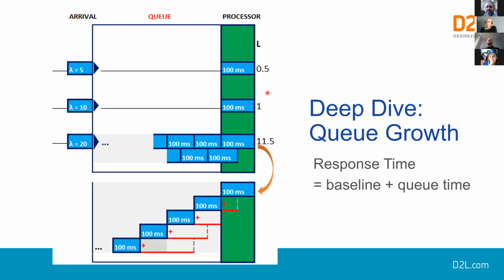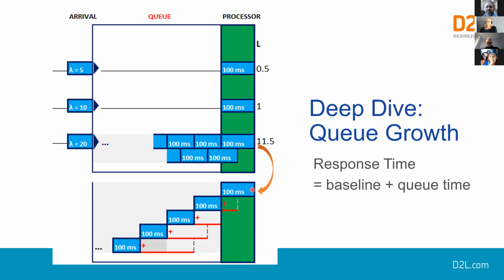Our users are experiencing our baseline response time in these 2 scenarios. Now, on scenario number 3, we have 20 requests arriving within a second. So that is 1 every 50 milliseconds. And we can see them starting to queue up here on the white area, which is reserved to depict the queue.